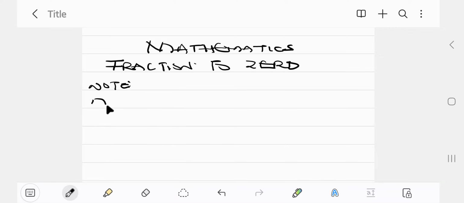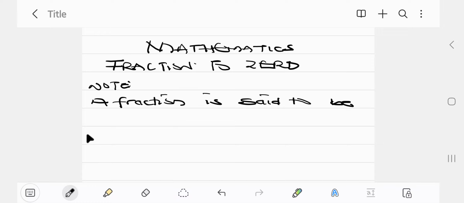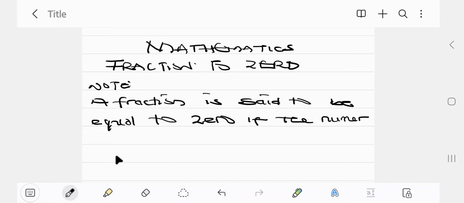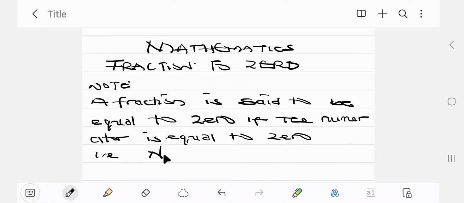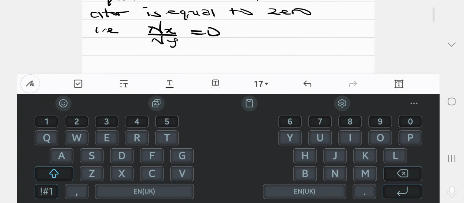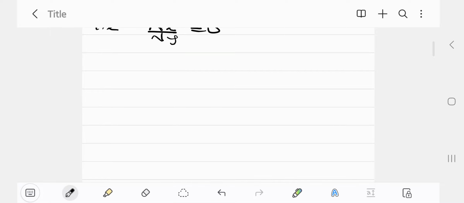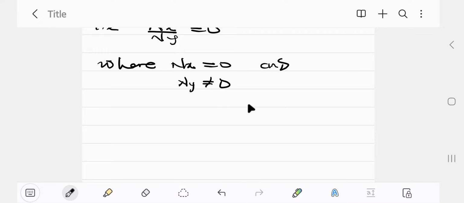Note that a fraction is said to be equal to zero if the numerator is equal to zero, that is n of x over n of y equal to zero, where n of x is equal to zero and n of y is not equal to zero.